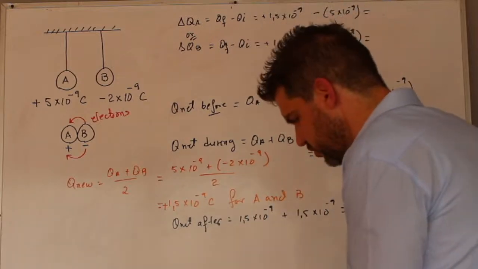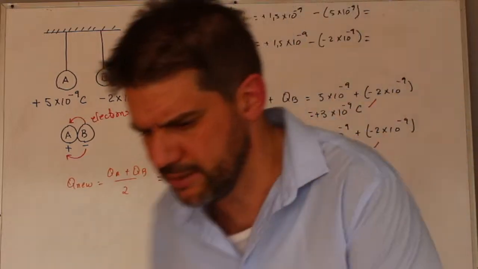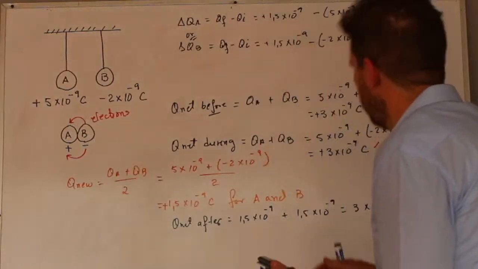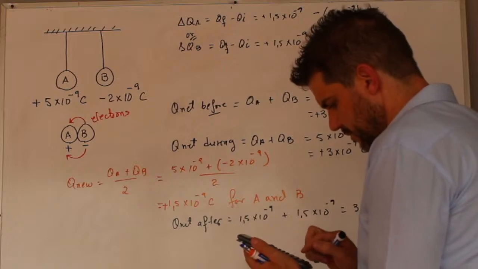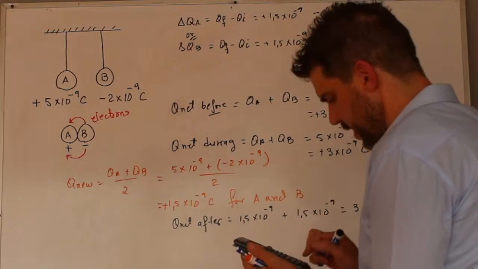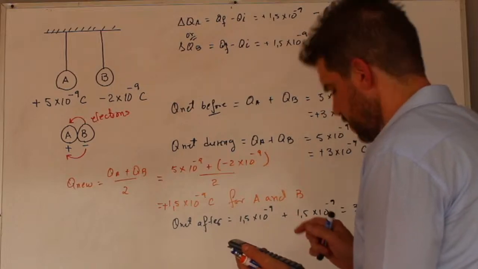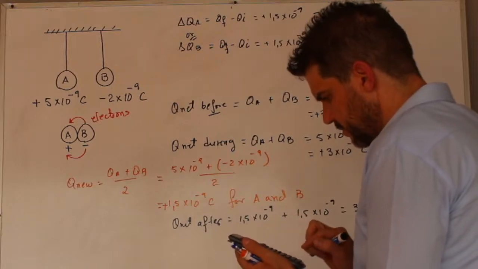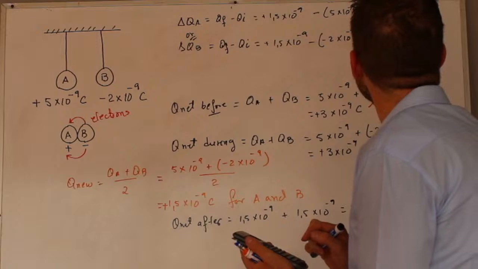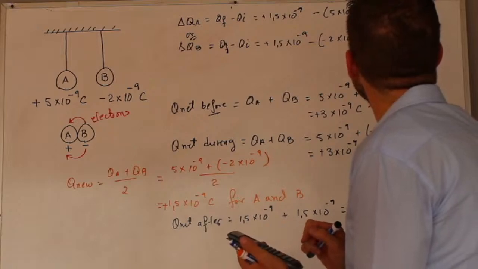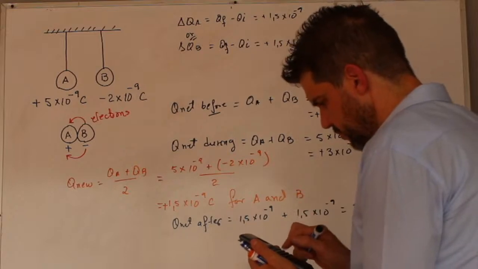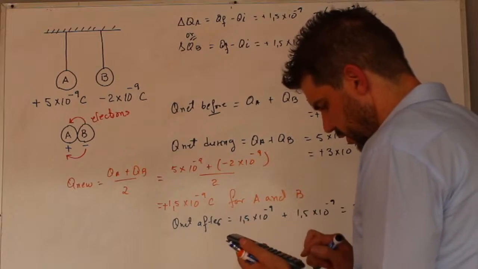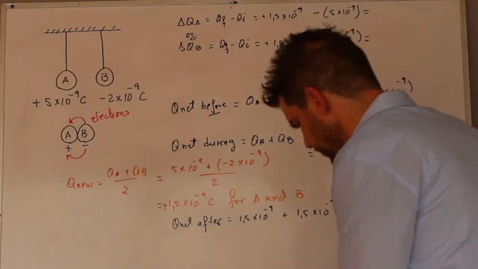So when you do this one, guys, let me just do it for you real fast. Here is 1,5 times 10 to the minus 9. Check my calculation, guys. Minus 5 times 10 to the minus 9. The answer is negative 3.